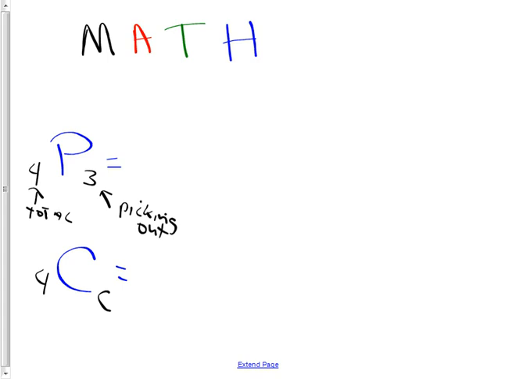P means order matters. I'll be saying it, order patterns. Just keep pounding it into your head, because it's hard to remember sometimes whether the permutation one is where order matters or the combination one is where order matters. But if I say order patterns, it'll force you to think order matters goes with P. Order patterns.